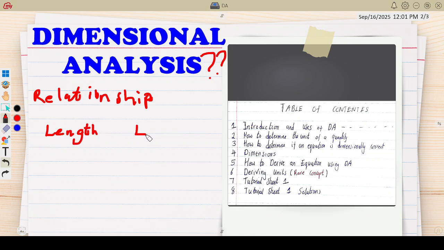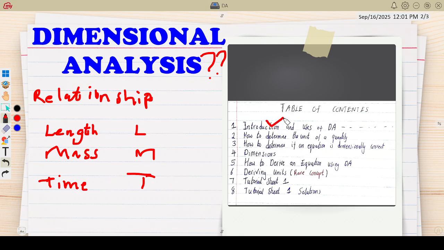Length is a physical quantity represented by letter L. We have mass represented by M, and we have money. So this is the other physical quantity. So remember, time is money. So time is the third physical quantity, which is represented by letter T.